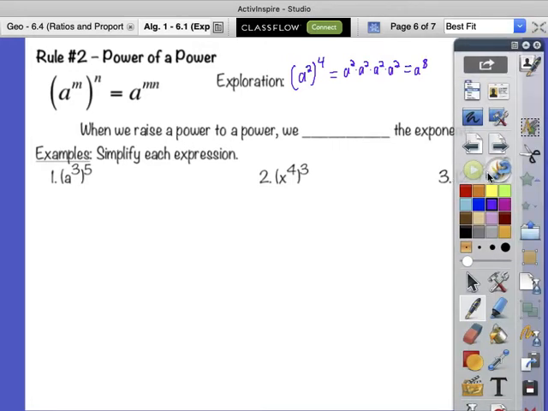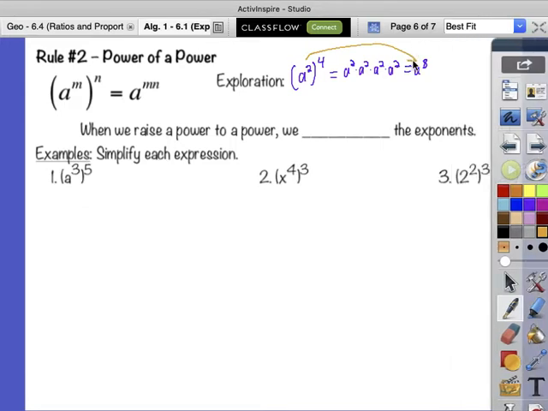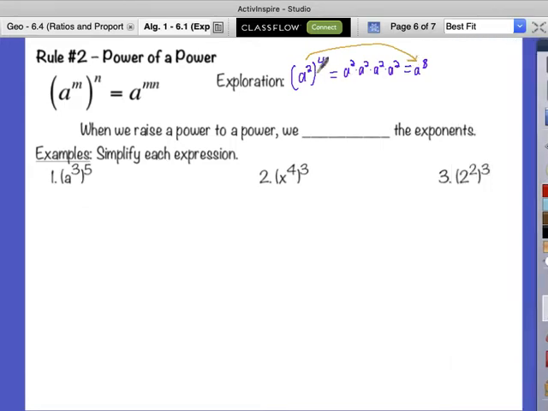Now, if we were to life hack and go straight from here to here and skip over this middle part so we don't have to do it every single time, how could we have done that? How would we get 8 from 2 and 4? We multiply the 2 and the 4.